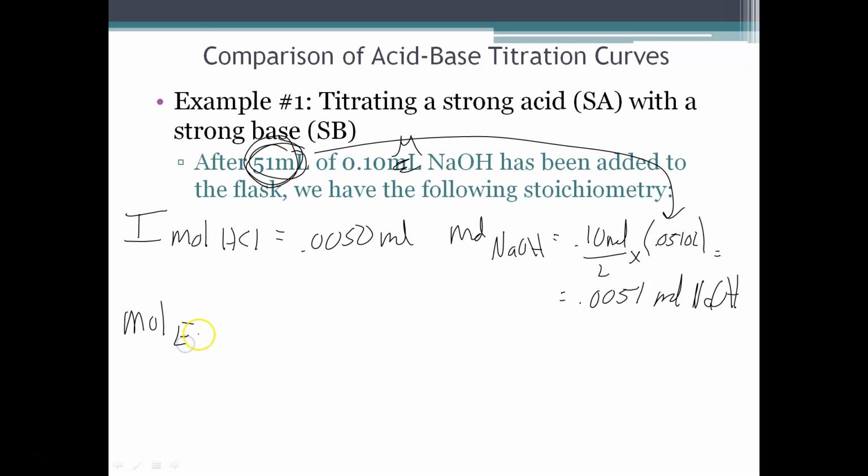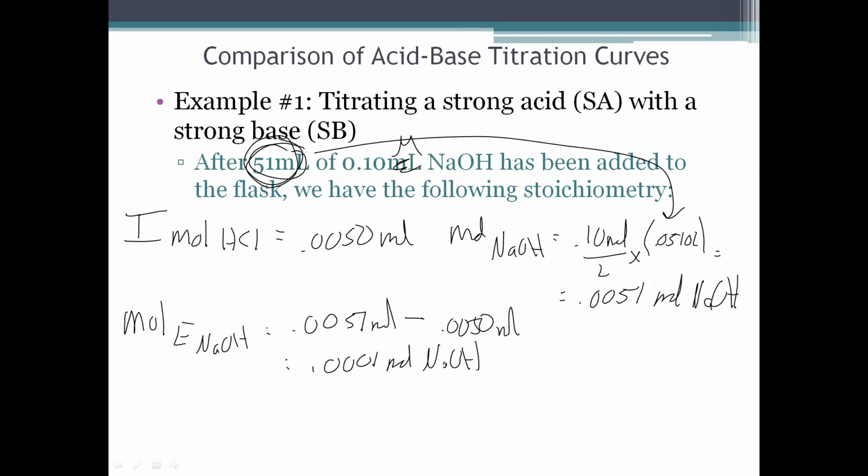So moles of excess NaOH is simple. You have 0.0051 moles of NaOH minus 0.0050 moles of HCl. That gives us an excess of 0.0001 moles NaOH. The first example, we had 0.0001 moles of HCl as our excess.